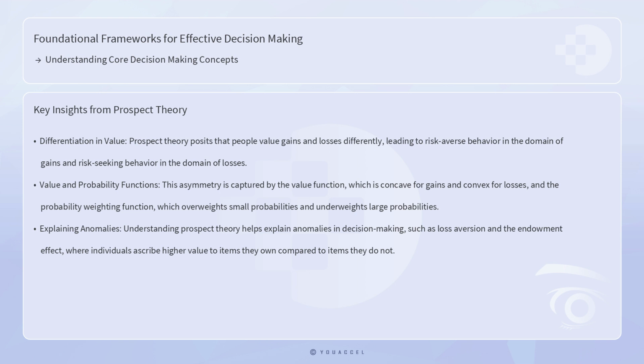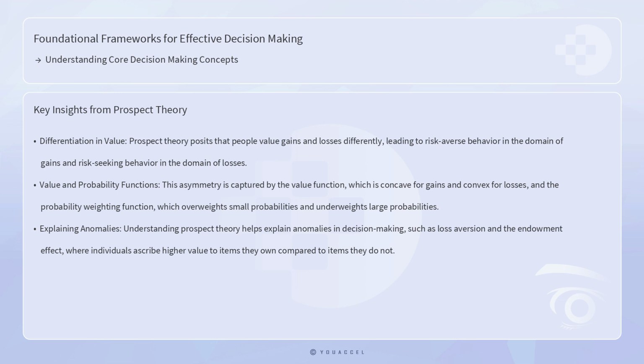Prospect theory, developed by Kahneman and Tversky, offers insights into how individuals perceive and evaluate risks. Unlike the rational model, prospect theory posits that people value gains and losses differently, leading to risk-averse behavior in the domain of gains and risk-seeking behavior in the domain of losses.